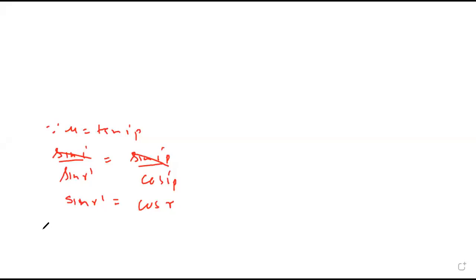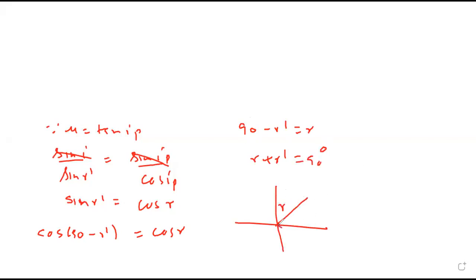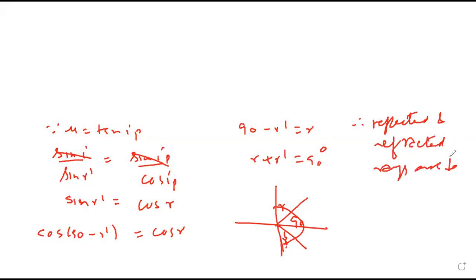So you can write sine R dash as cos of 90 minus R dash equals cos R. So 90 minus R dash is R. Therefore R plus R dash is 90. That means the remaining angle has to be 90 because total is 180 degree. So reflected and refracted rays are perpendicular.